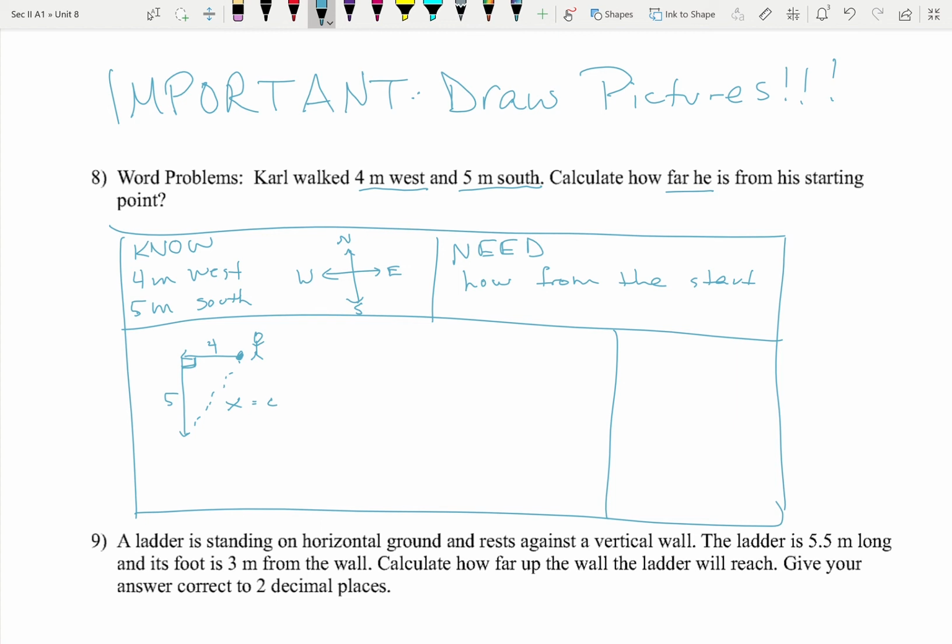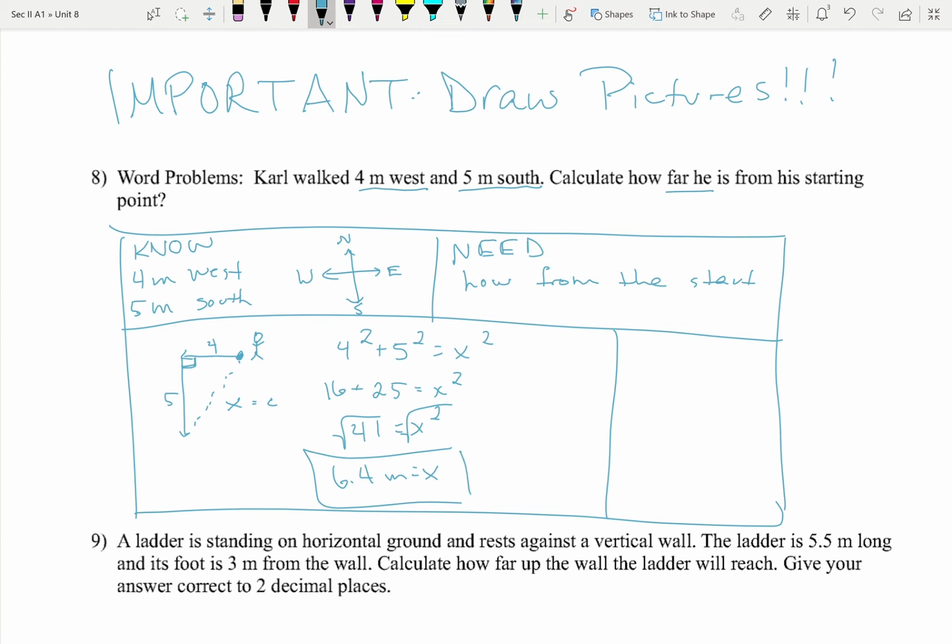So let's use the Pythagorean Theorem. 4 squared plus 5 squared equals x squared. 16 plus 25, we end up with 41. Square root of 41 is something. So let's convert it to a decimal so it makes sense to us. And it is about 6.4 meters.